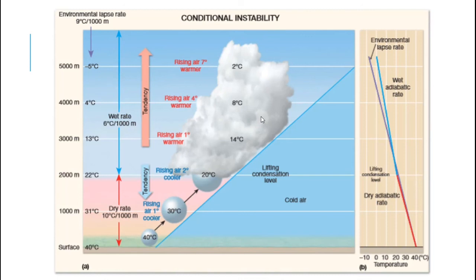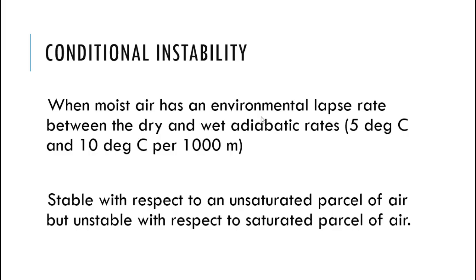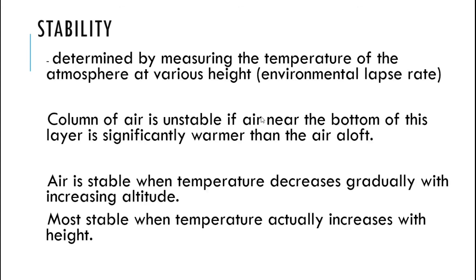How about conditional instability? Let's take a look at the conditions. When we say conditional instability, when most air has an environmental lapse rate between the dry and wet adiabatic rates, then stable with respect to an unsaturated parcel of air, but unstable with respect to a saturated parcel of air.